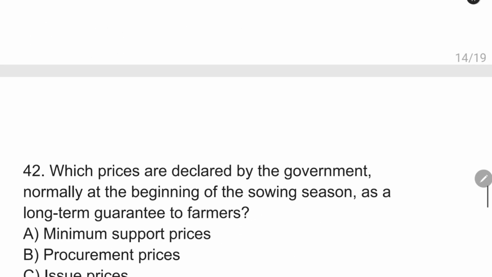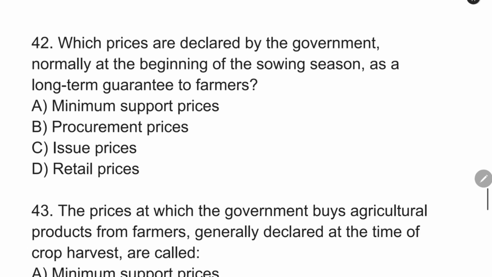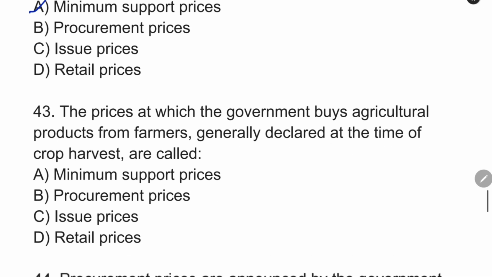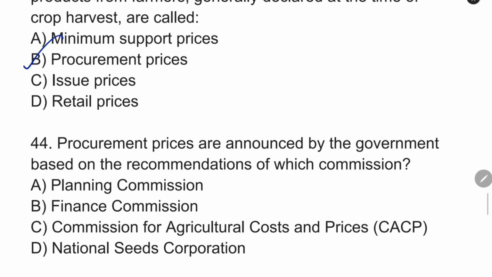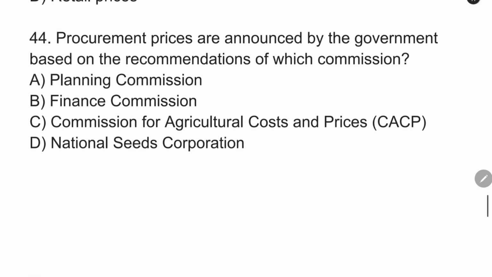Which prices are declared by the government normally at the beginning of a sowing season as a long-term guarantee to farmers? Minimum support prices. The prices at which the government procures agricultural products from farmers, generally declared at the time of crop harvest, are called procurement prices. Procurement prices are announced by the government based on the recommendation of which commission?